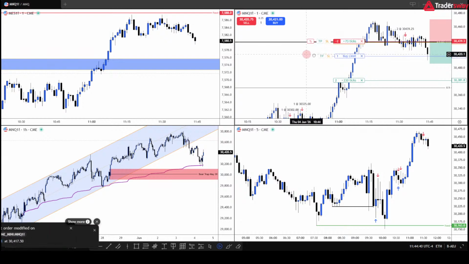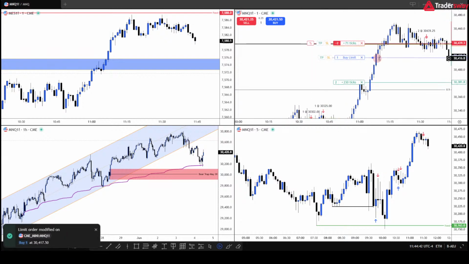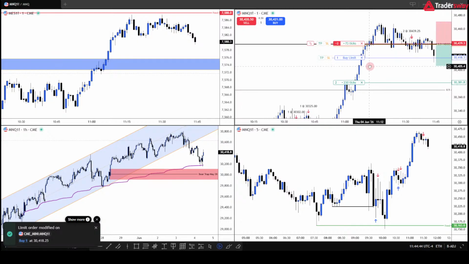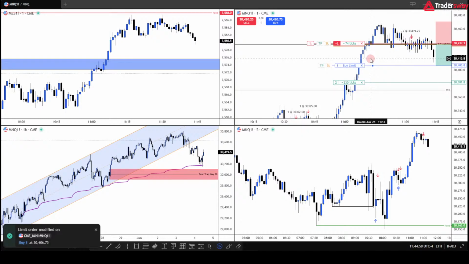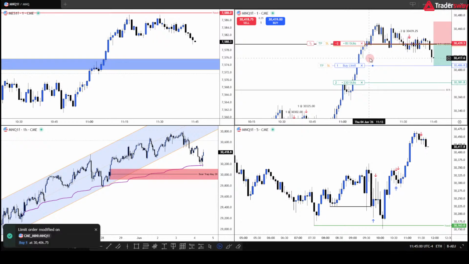I don't like that wick. Why are you wicking? It's wicking below this level. Just reacting to this low.